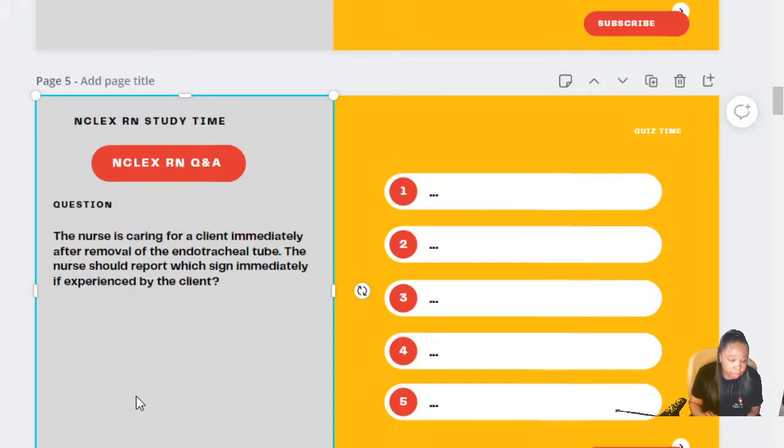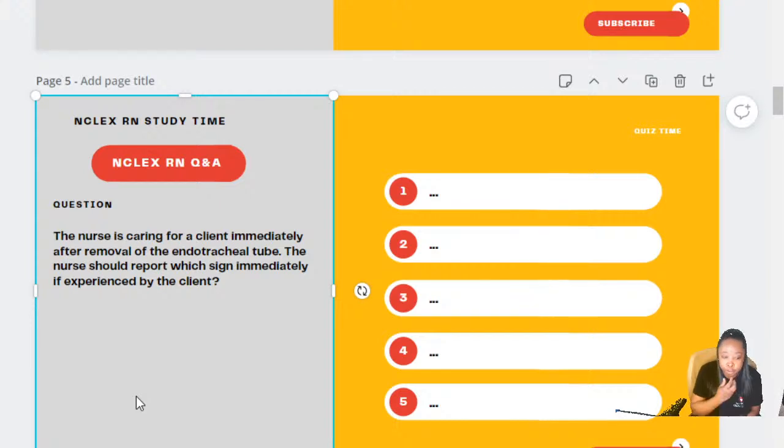Okay, so that tube is the one that goes through the mouth. The trach tube goes to the throat right here. The ET tube goes to the mouth. So they said the nurse is caring for a client immediately after removal of the ET tube.